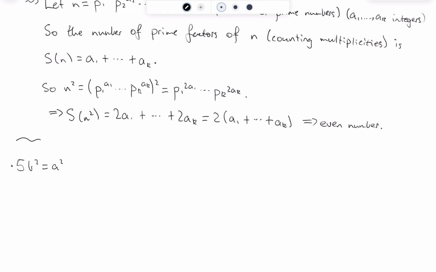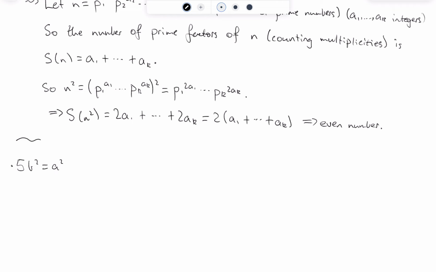So here n was any number. We squared it and found that the number of prime factors of that value is an even number, right? So a is the same here. We could take a to be that n value, as we showed earlier.